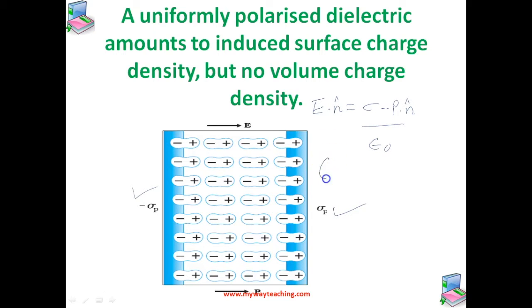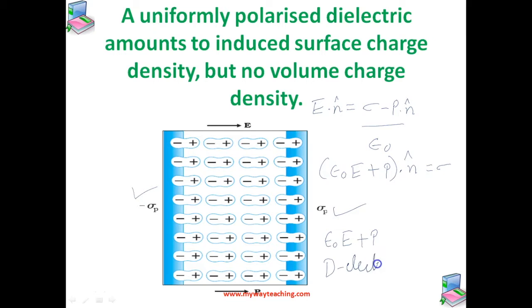Or in other words, we can write epsilon naught E plus P dot n cap is equal to sigma, and the quantity epsilon naught E plus P is called electric displacement, and we denote this by D.